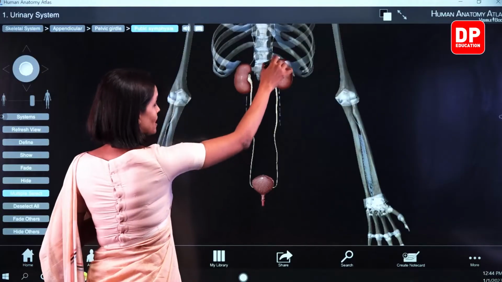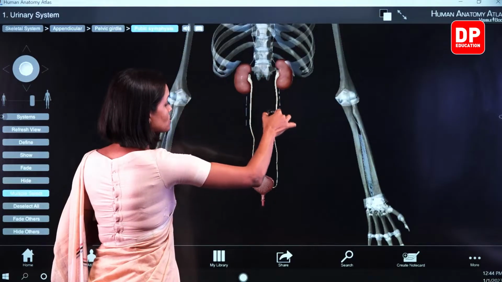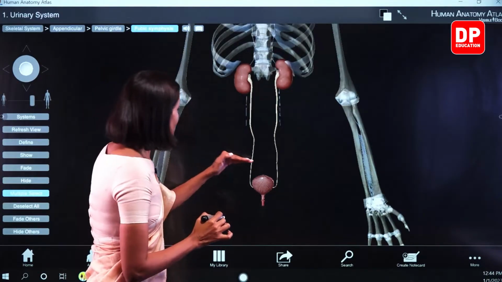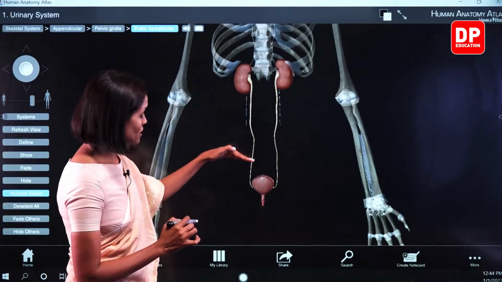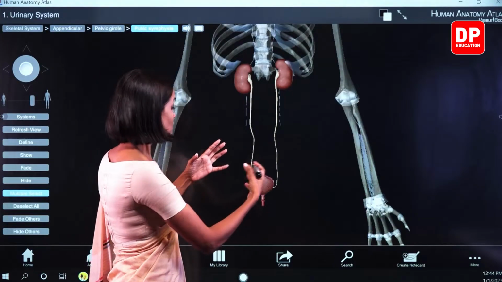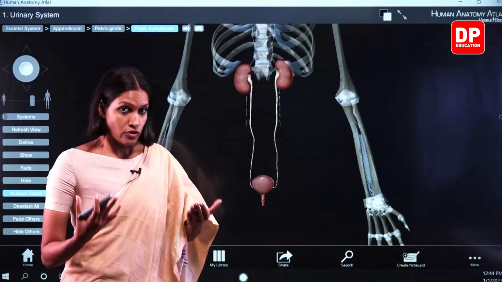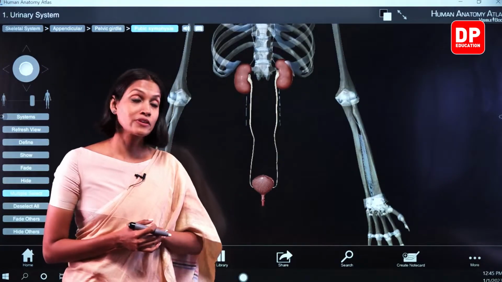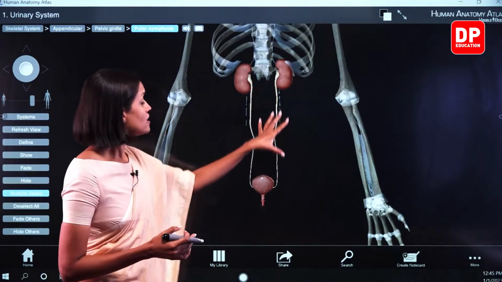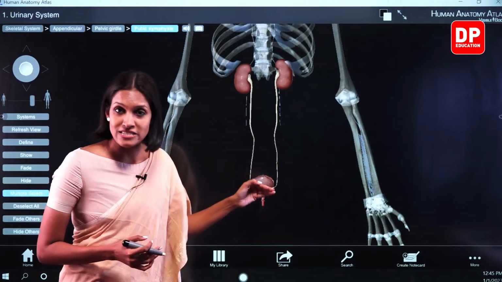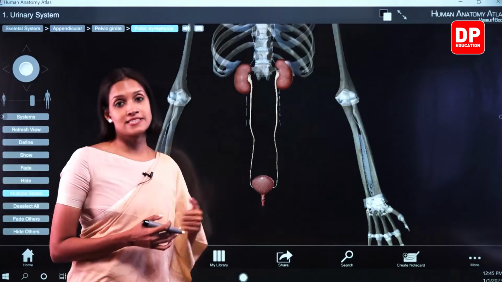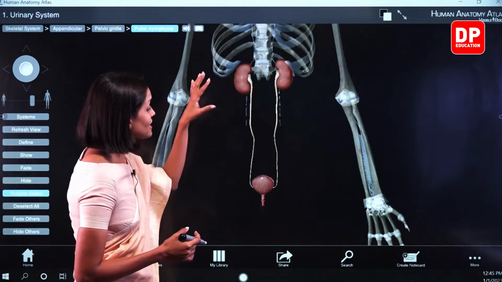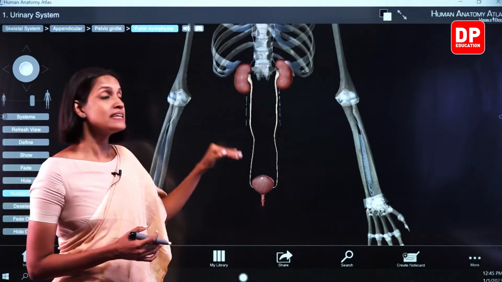So urine is made by the kidneys, and through these tubular structures it is sent to this bladder. Bladder can store this urine for a certain period of time. When the bladder gets filled, you get the urge to urinate. Then you pass urine through the urethra. So this whole system is known as the human excretory system or urinary system. You all can see very clearly this is made by combining different organs.